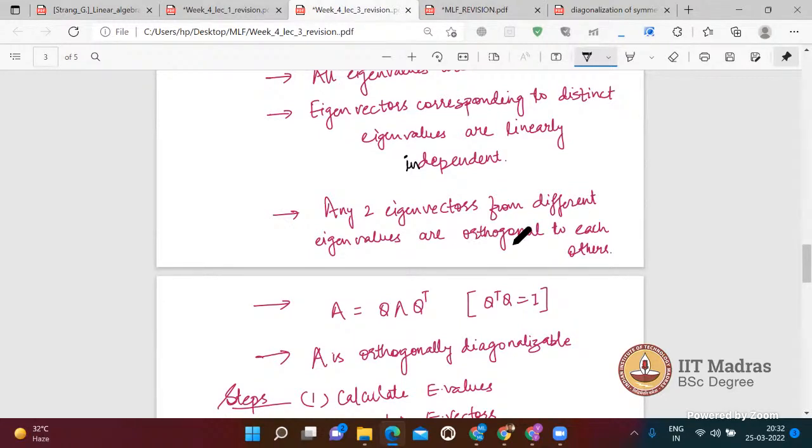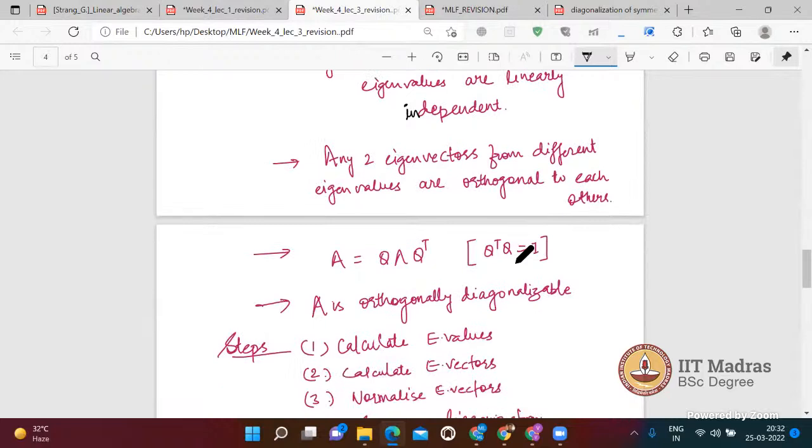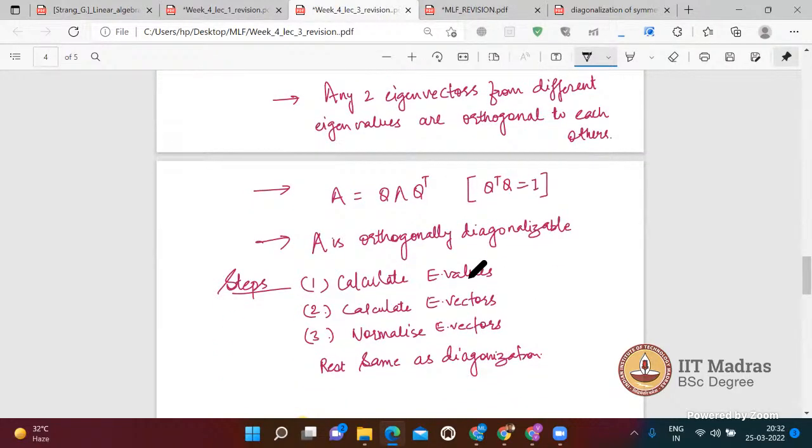That is pretty well known. If you are diagonalizing a symmetric matrix, you will be able to diagonalize all symmetric matrices, and you can write it in this form: Q transpose A Q equals the diagonal matrix. All symmetric matrices are orthogonally diagonalizable.